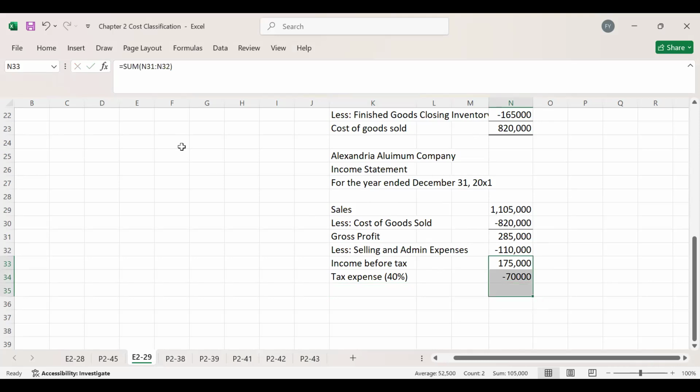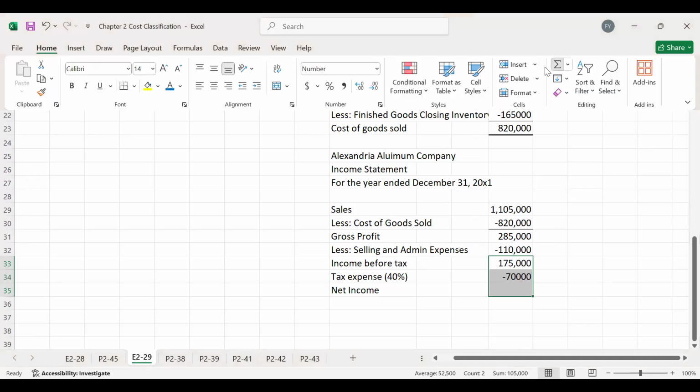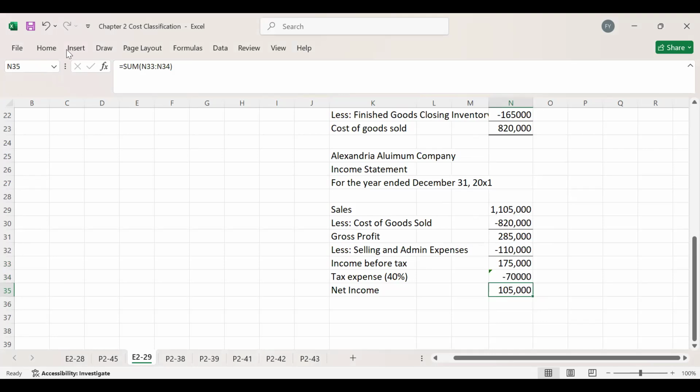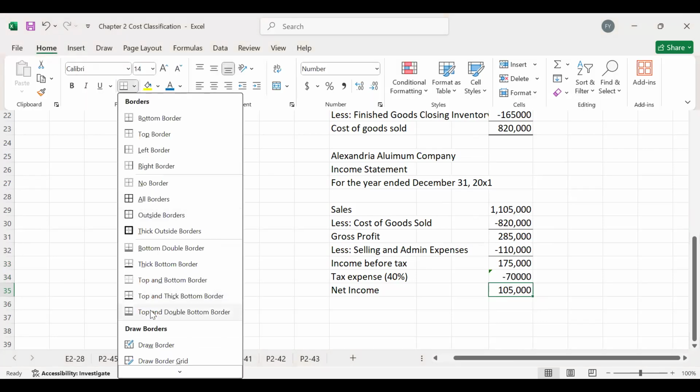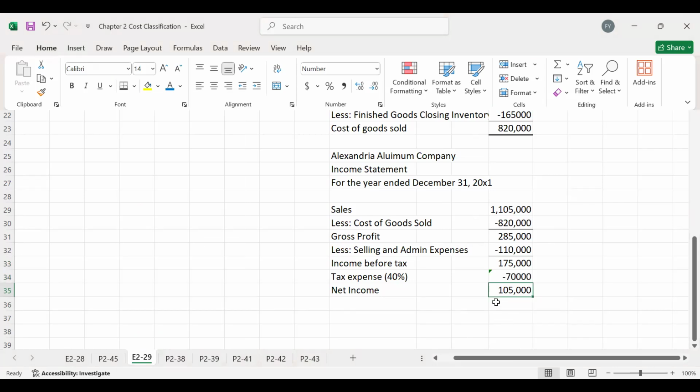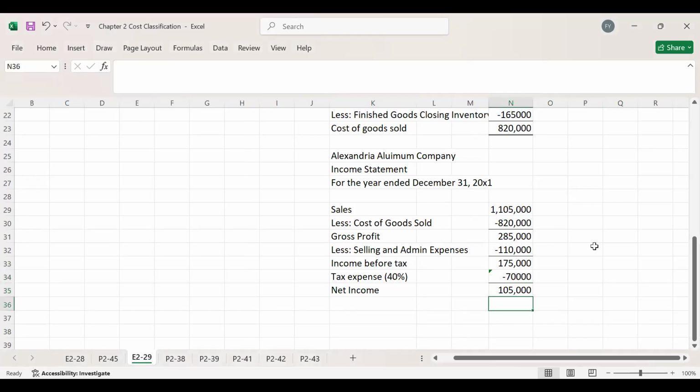So after deducting tax expense, we get net income or net profit, which is called profit after tax or net profit after tax, and it is $105,000. So this is our calculation of the income statement.